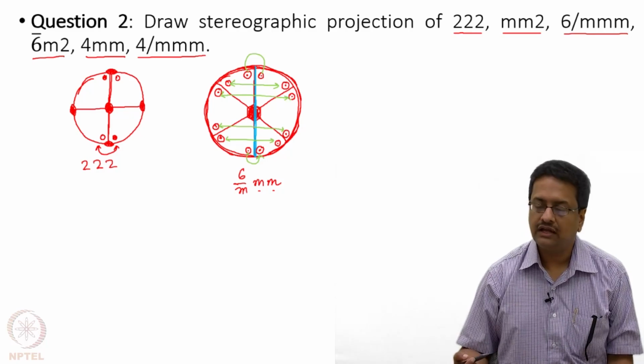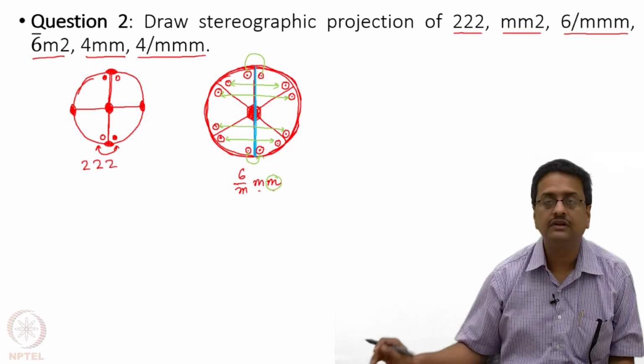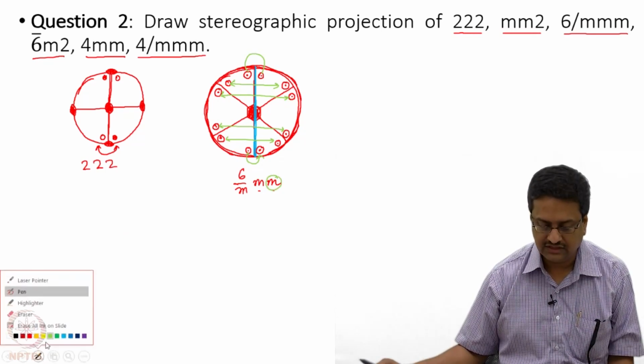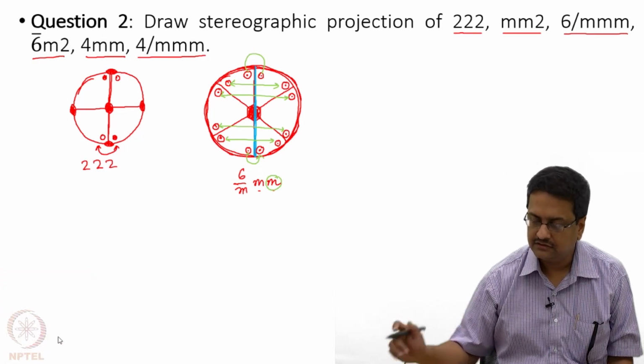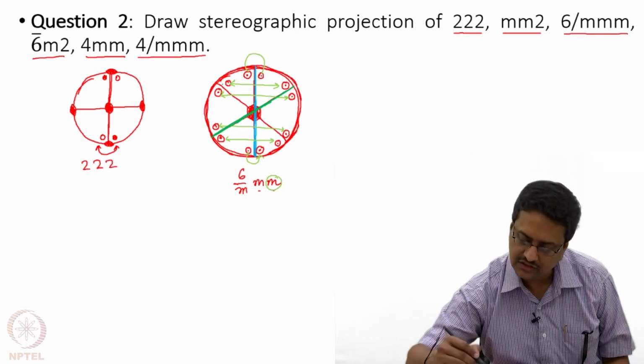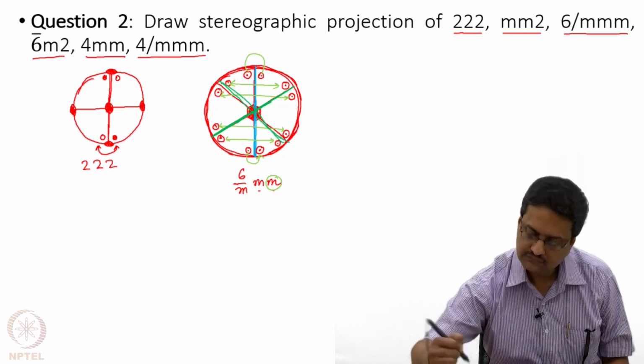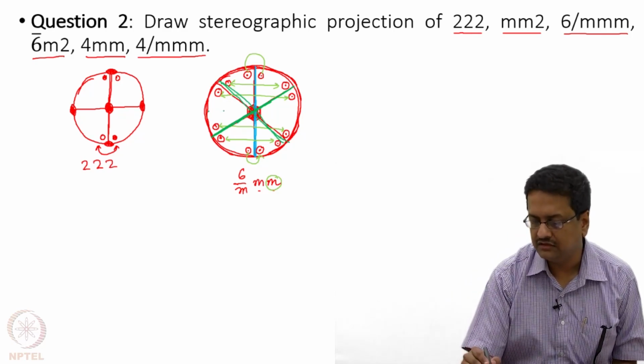We don't need to draw any further mirror, though we write a separate mirror like that, because we can see by observation that the lines which we had drawn earlier are also representing mirror planes. And also in between, these mirrors have been generated as well.